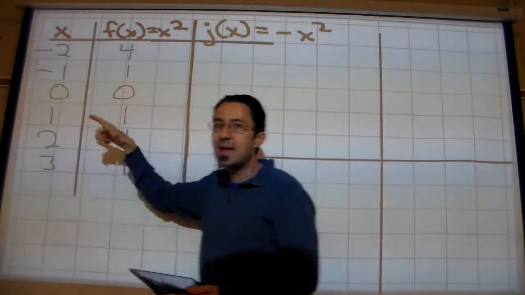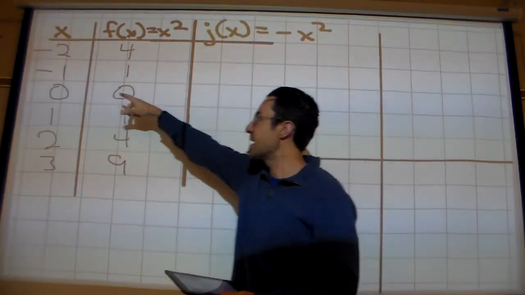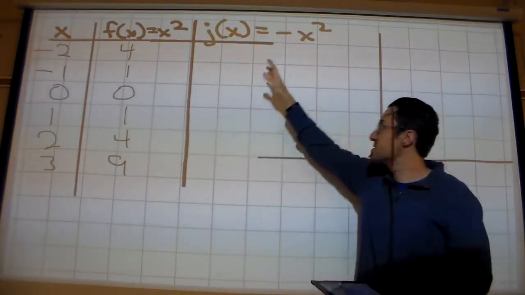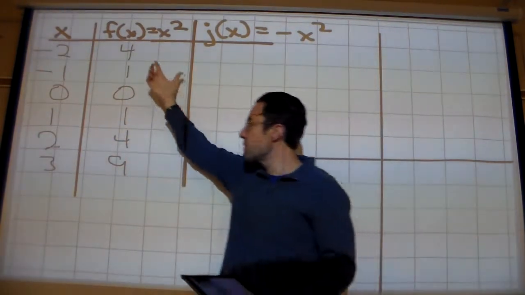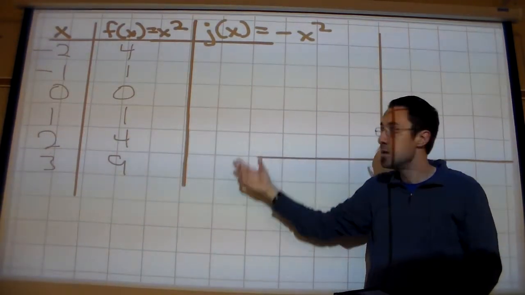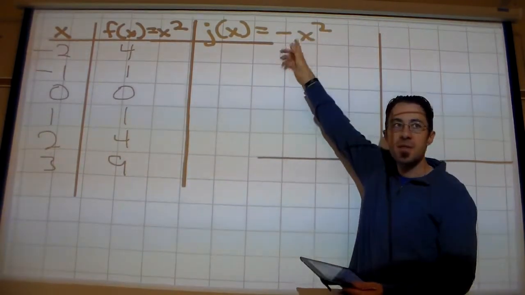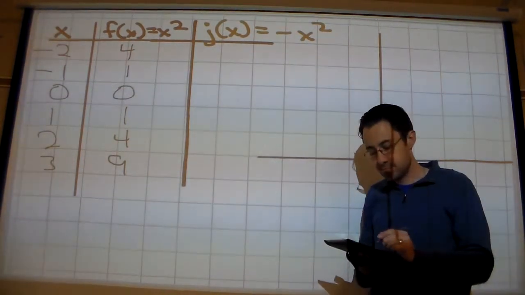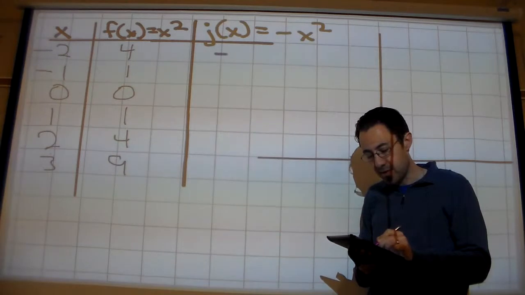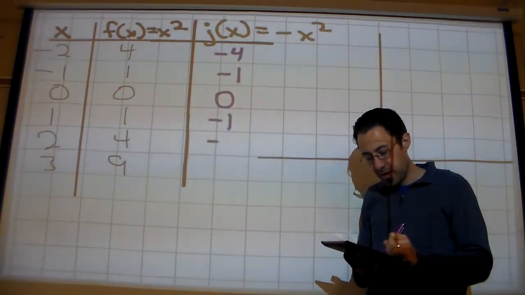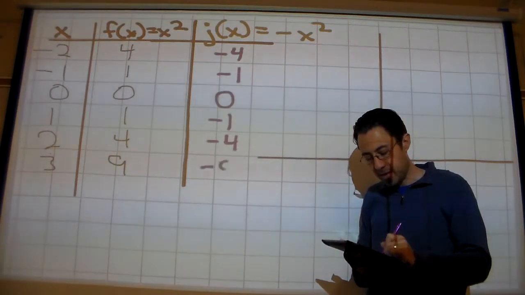When we square a negative, we make it positive, because like negative 1 times negative 1 is positive 1. Right now, because it's on the outside, we're going to take whatever result we got here and change its sign to negative. So you square first, then make it negative. So it's all the values of x, just negative. Yep, exactly. So I go negative 4, negative 1, 0, negative 1, negative 4, and negative 9.